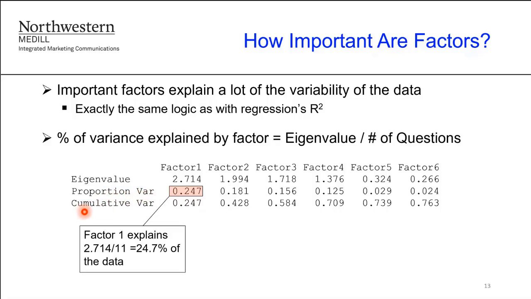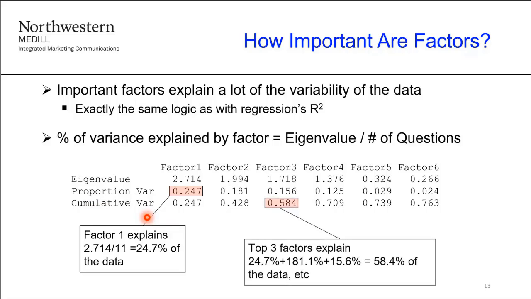Then what is the cumulative variance? The idea is we just add up those proportions of variance. We start with the proportion of variance for factor 1, so the cumulative variance is 0.247. If you add the proportions of variance for factor 1 and factor 2, the cumulative variance is 0.428.